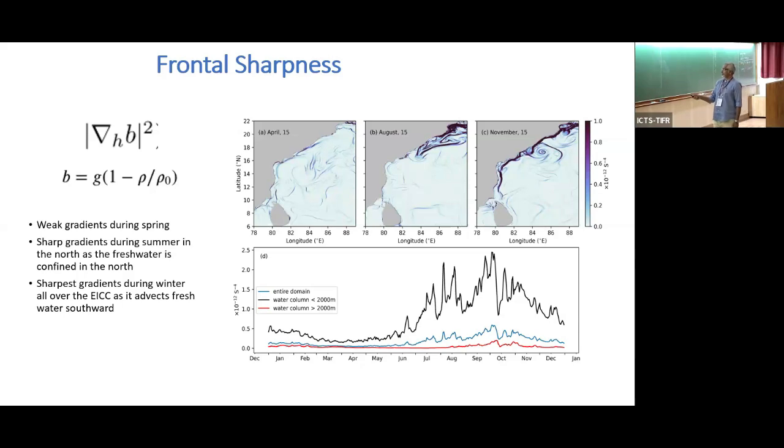So this frontal sharpness starts increasing during the summer monsoon months, with a lot of fluctuations owing to the arrival of the freshwater plume, and they decrease slightly during the northeast monsoon time. So the sharp gradients that we see during the summer are owing to the river plume that flows down along the coast of India during that time.